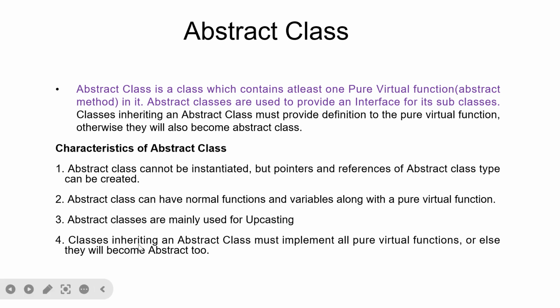So we have some characteristics of abstract classes. An abstract class cannot be instantiated, but pointers and references of abstract class type can be created. An abstract class can have normal functions and variables along with the pure virtual function, and is mainly used for upcasting. Classes inheriting an abstract class must implement all the pure virtual functions or else they become abstract too.